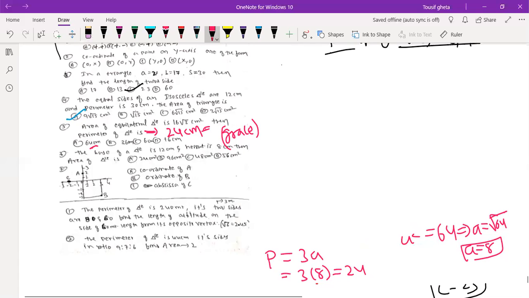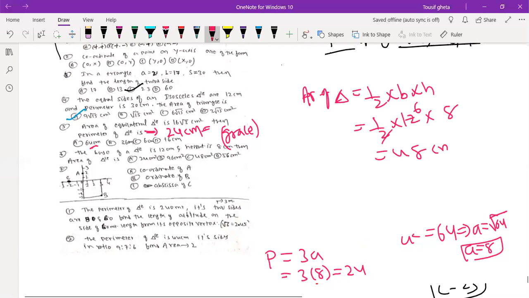They did not mention a right angle triangle, but height is given, so we need to use the base and height. Area of triangle is equal to half into base into height. Half, base is given, clearly mentioned. Height is 8, so just 48. Go for 48. This is option C.